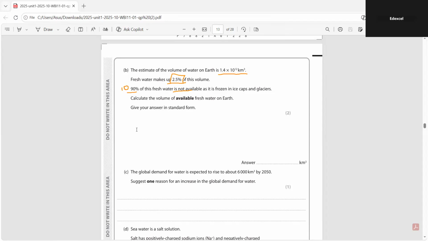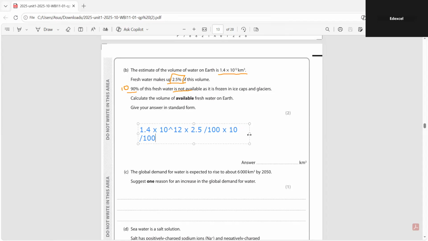So you can easily write the answer as 1.4 times 10 to the power 12, then multiply it by 2.5, then divide by 100. Then you have to put 10%, so 10 divided by 100.